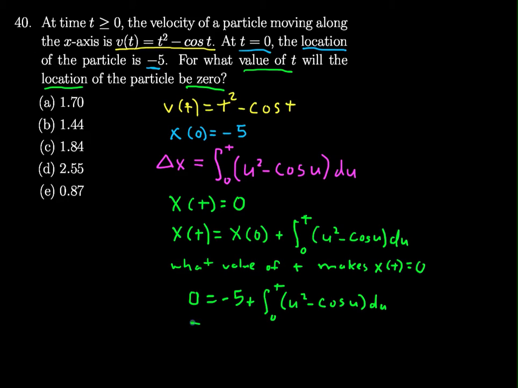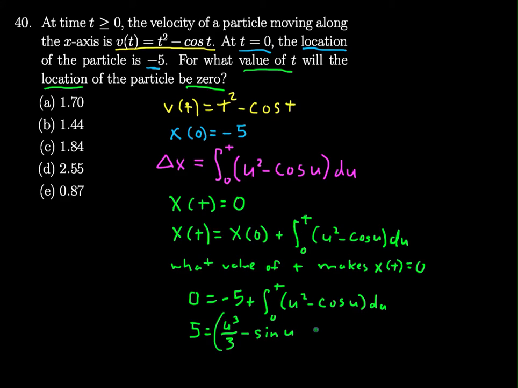So let's put a 5 over here equals, and let's take the antiderivative of this, which gives me u cubed over 3. Add 1 to the 2, bring it down to the denominator. And then the antiderivative of negative cosine is going to be negative sine of u.